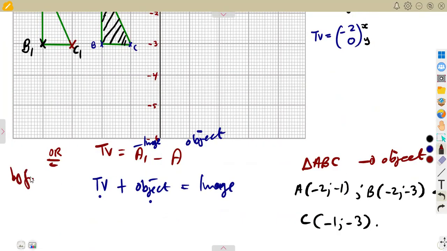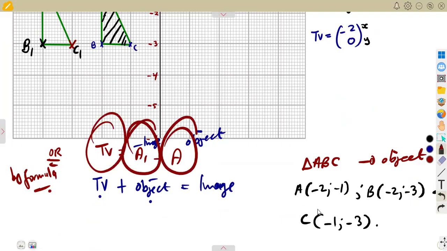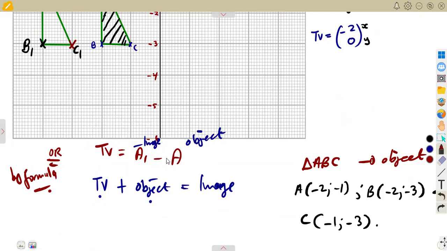So by using the formula, you have to consider the formula for the translation vector: image minus object. But what is it that I'm supposed to do now? I'm supposed to draw the image. It means I need the coordinates of the image. So I have to make the image the subject of the formula.